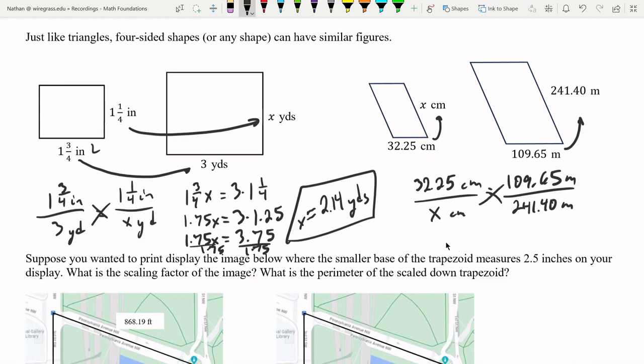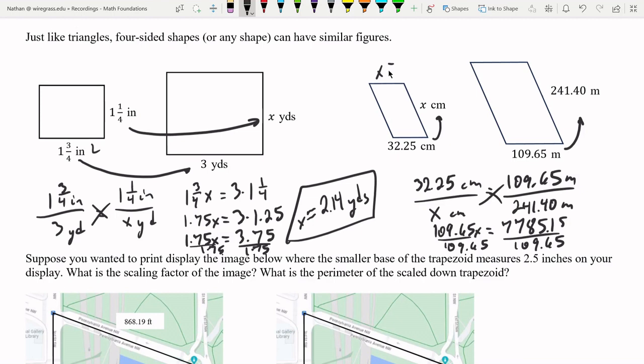Okay, cross multiply and divide. We're going to get 109.65x equals, we're going to get 32.25 times 241.4. 7785.15, and now I can divide by the 109.